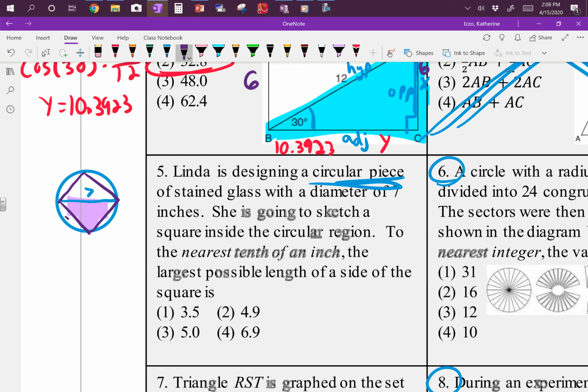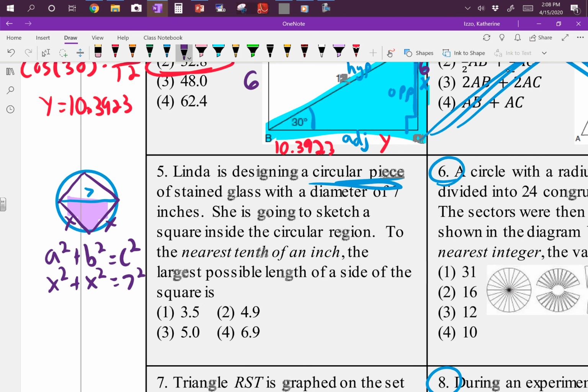Well, with a square, all sides have to be equal. So I've got x and 7. In order to solve for the missing sides, a squared plus b squared equals c squared. x squared plus x squared equals 7 squared.